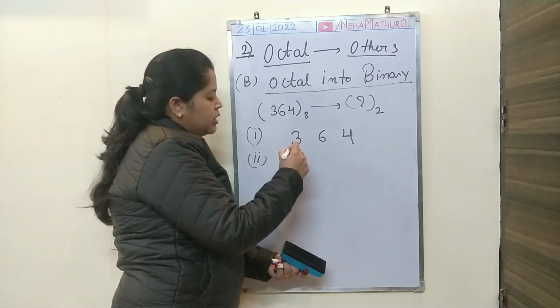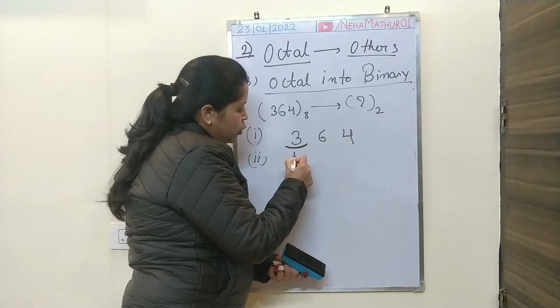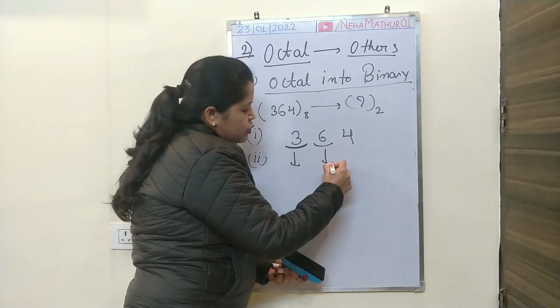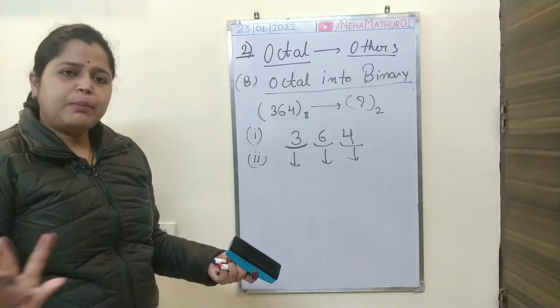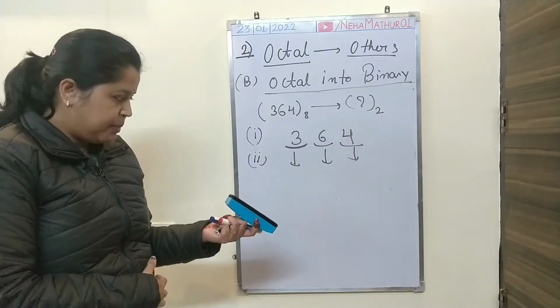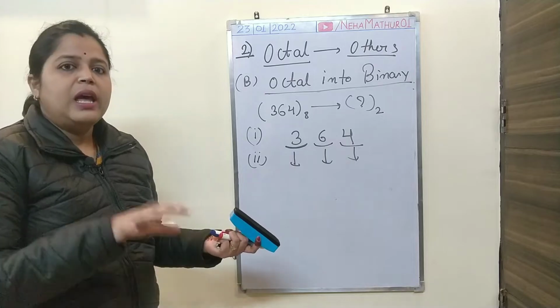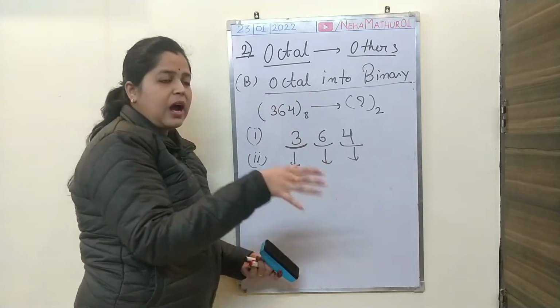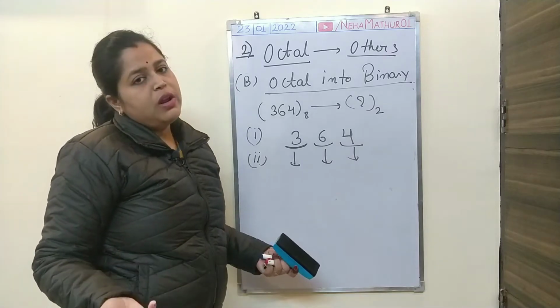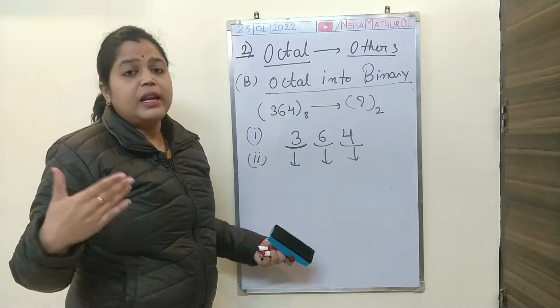Now you will have to convert this 3 into binary, this 6 into binary, and this 4 into binary individually. Just by following two simple steps you can solve the question, and the steps are: firstly write all the 3 digits individually. After that, in the second step you will have to deal with all the digits individually.